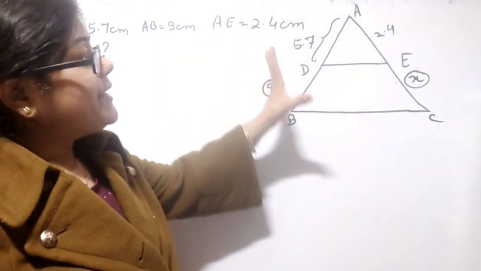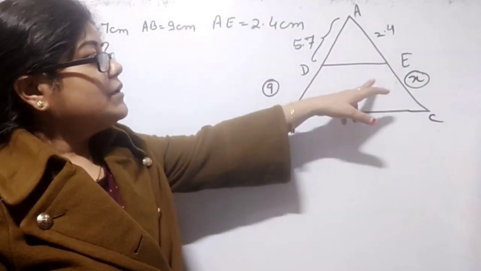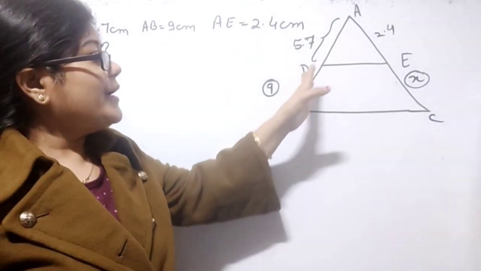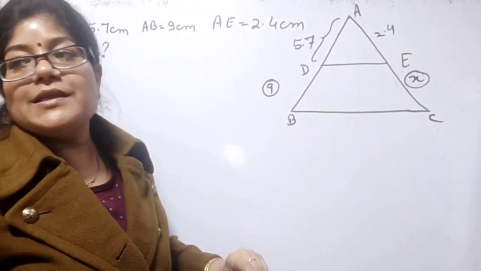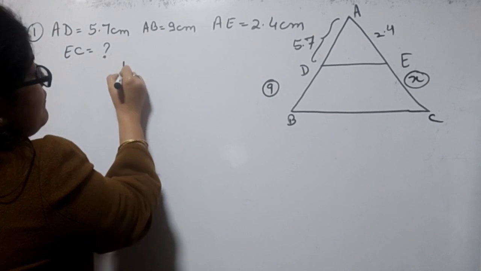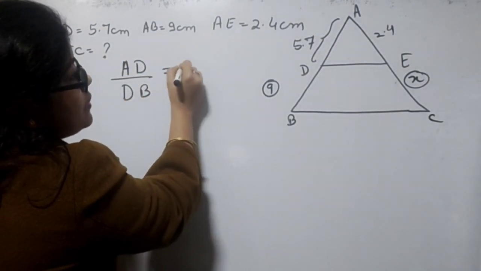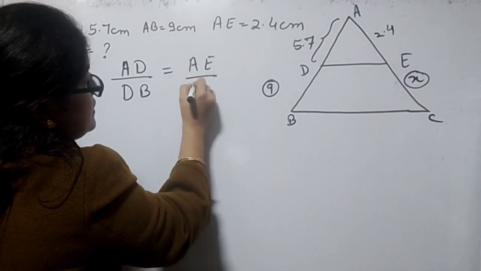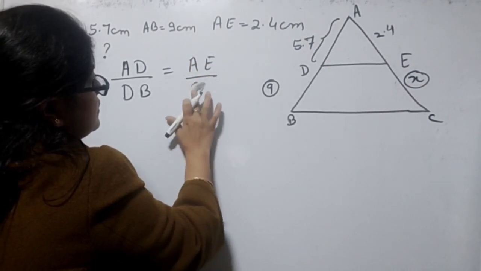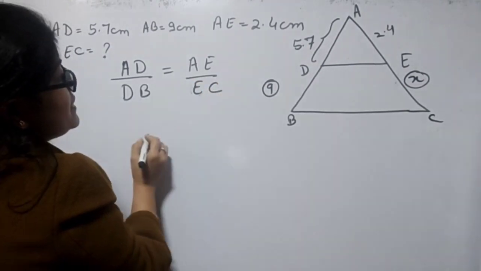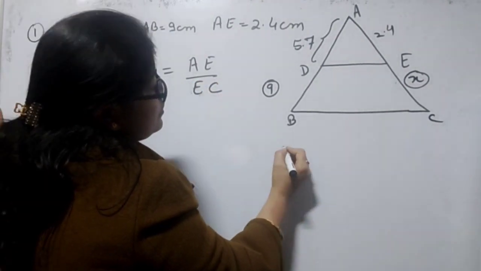So either you take the whole, or you take out only the portion, the value of DB. It's better to find the value of DB. So we have the ratio AD over DB is equal to AE over EC. The thing which is asked in the question, we have to adjust according to the question.